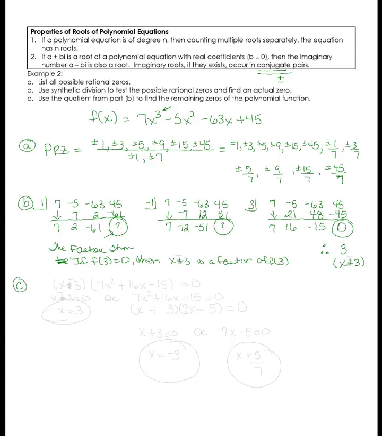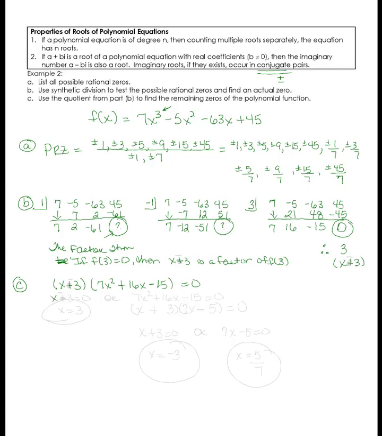Therefore, we're going to create a trinomial with coefficients of 7, 16, and negative 15. So here we go, x minus 3, here's our factor. Our other factor is 7x squared plus 16x minus 15, and we're going to set it equal to 0.